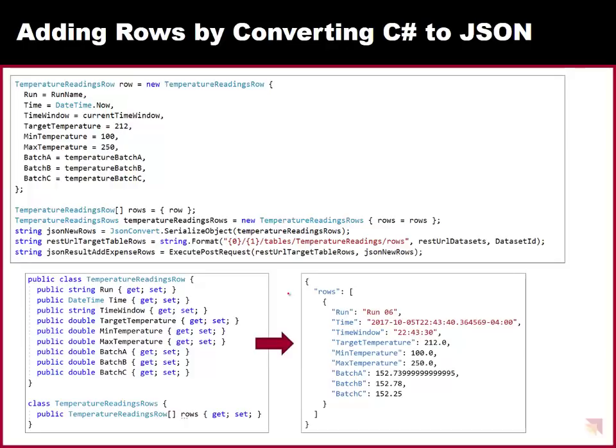And so note, when you look at this URL down inside there, what you can see is we need to have the base URL to datasets, then the GUID of our dataset, /tables, then whatever your table name is, /rows. And by basically making that post request is how we're going to start adding rows into our dataset.